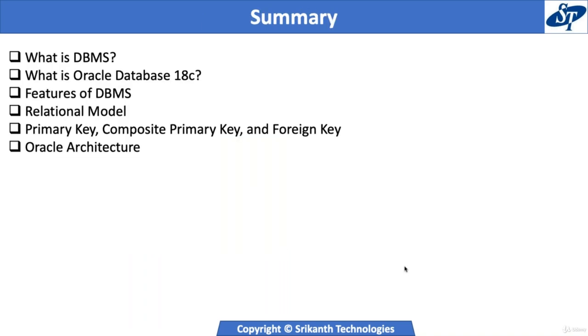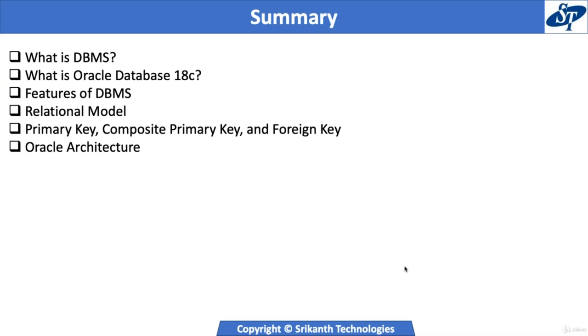So we understood in this lesson that a DBMS is a system, a collection of programs to manage the database. Oracle Database 18c is a product coming from Oracle Corporation. It's called a database management system. It is precisely called an object relational database management system, but mostly we use it as a relational database management system.